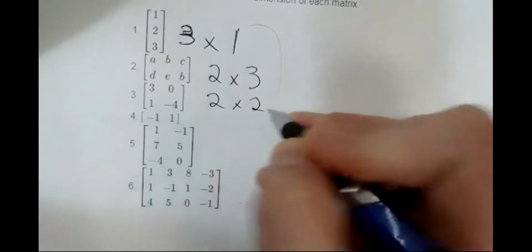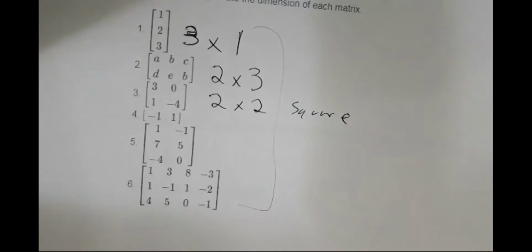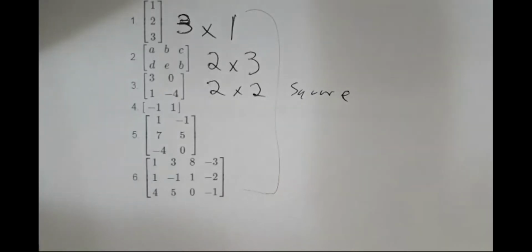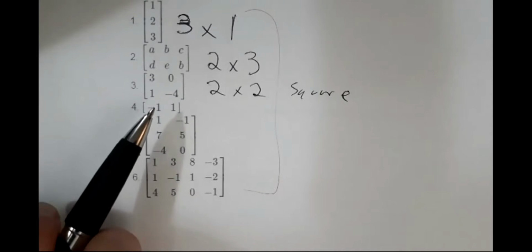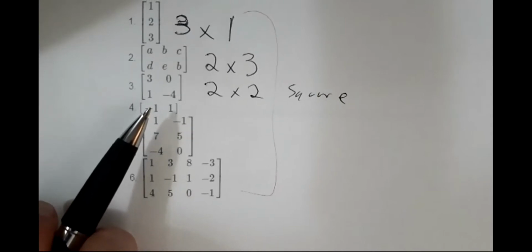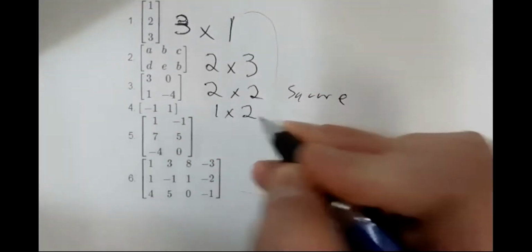This one is 2 by 2. I don't think we talk about this later, but if it's the same dimensions, we call those square matrices, right? It creates a sort of square. It's the same dimensions. This one, 1 by 2.